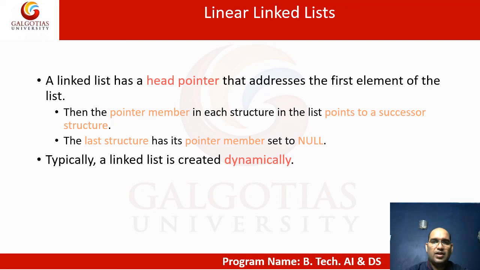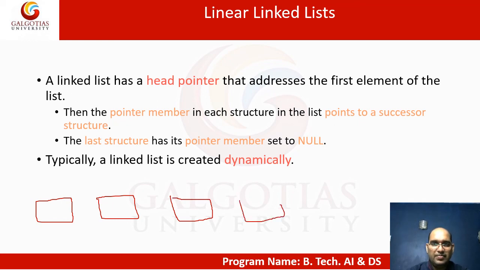So what we want to tell you here is what a linked list is. This kind of structure is called a linked list: you have one structure, another structure, and one more structure, and all these structures are of the same type, right? This one contains the address of the next one, and so on, and the last one contains null.